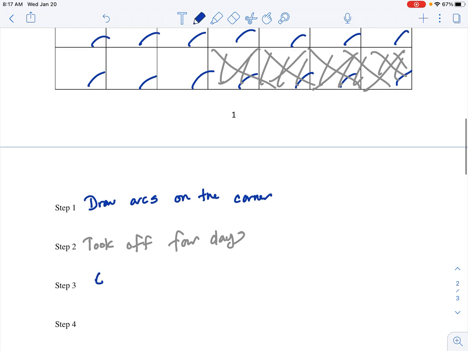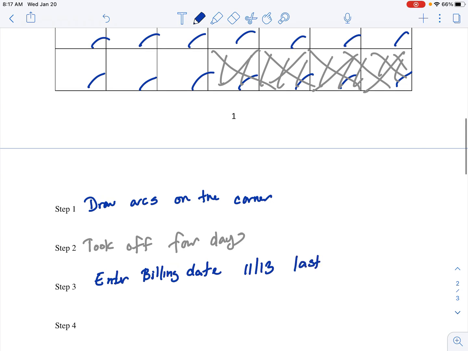The billing date is 11/13, and we're going to put it in the last corner. So right here, this last corner, the 13th. And then we're just going to number backwards.